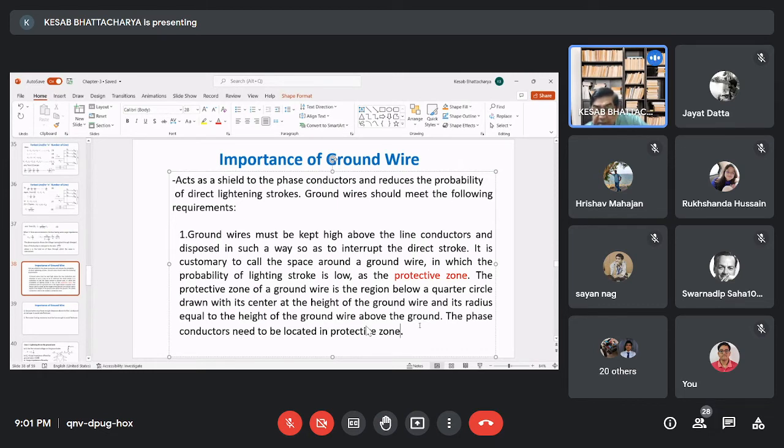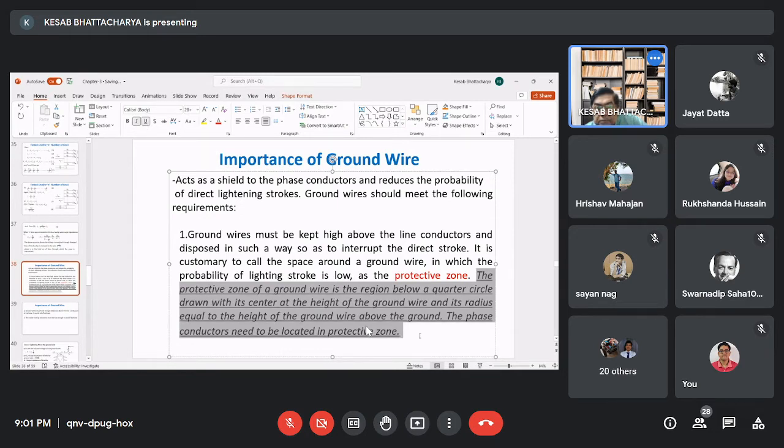Do you understand what protective zone really means? If you don't understand, you tell me, I'll explain. Sir, please repeat once again.